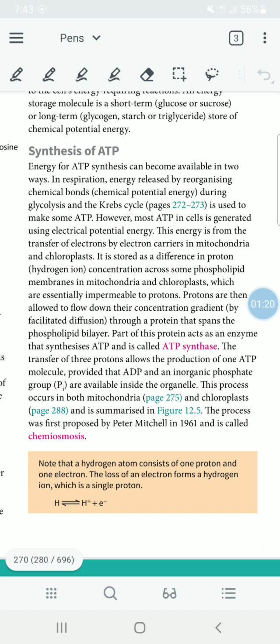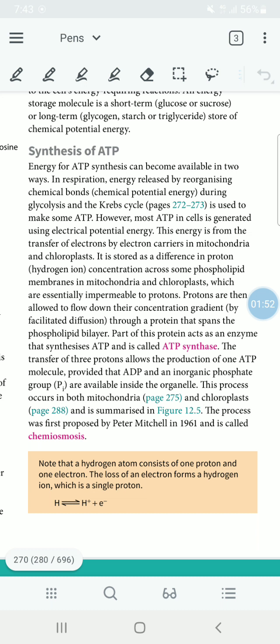So this energy is what is available to produce ATP, because ATP extracts this energy and delivers it to where it is required. This is chemical potential energy. It is released by reorganizing chemical bonds during glycolysis and the Krebs cycle.